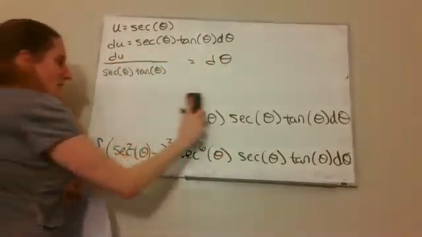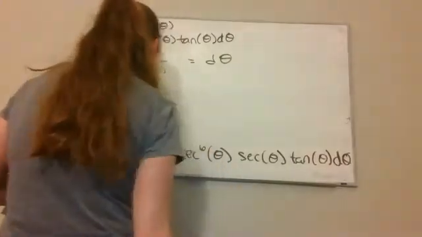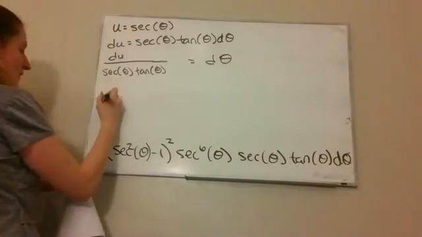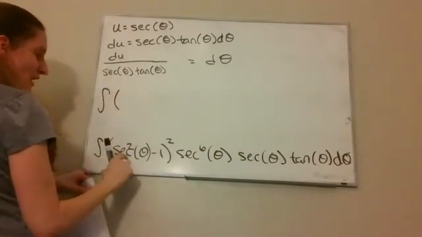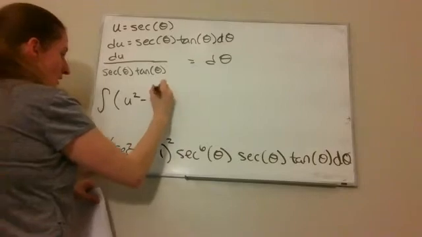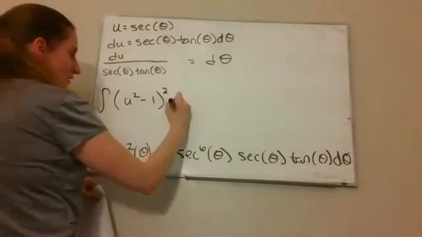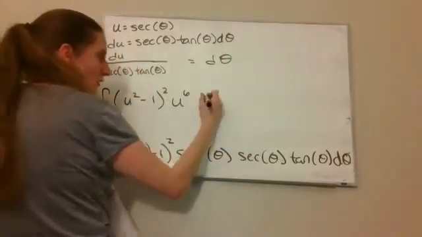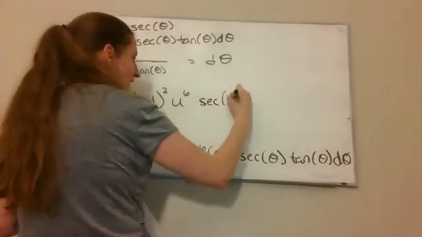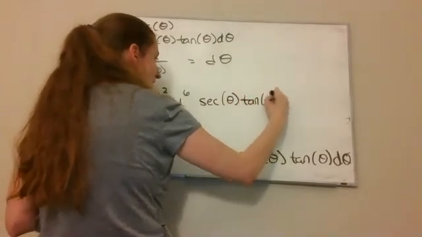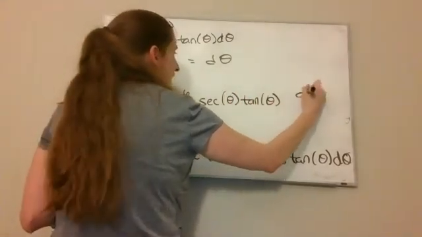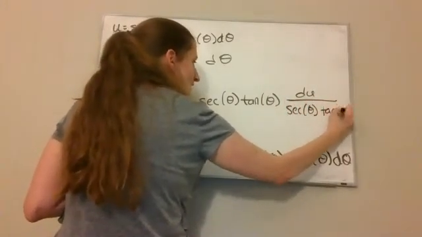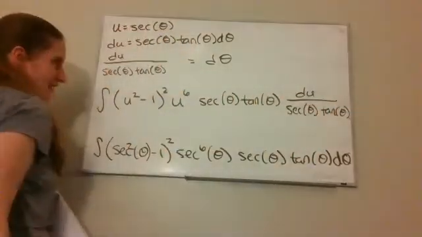So now let me rewrite my integral using this substitution. I would get u squared minus 1 squared times u to the 6th. Be careful, don't write this one as u. Keep that as secant theta, tangent theta, because my d theta ends up being du over secant theta, tangent theta, and then those guys get to cancel out.